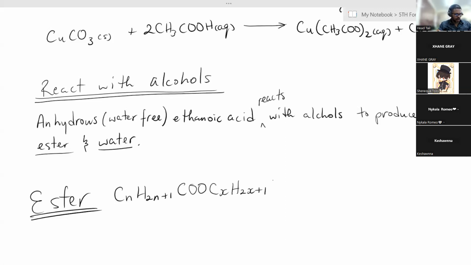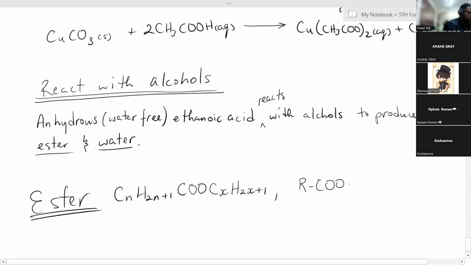That is the general formula for an ester. It can be represented as RCOOR', where you put an R prime here. Remember what I said R is? R can represent any group of carbons, any amount of carbons, a carbon chain.